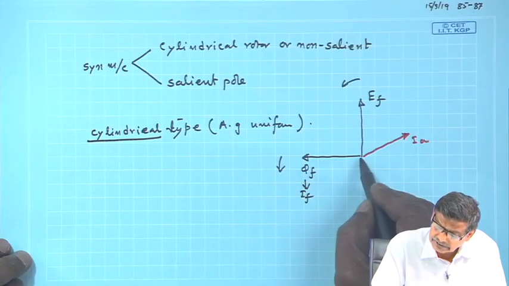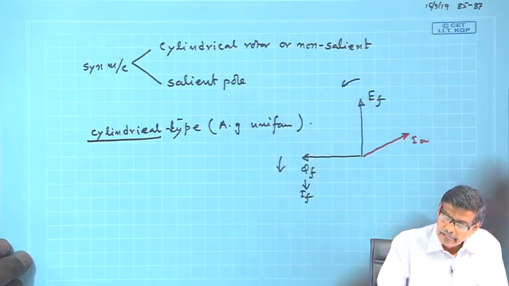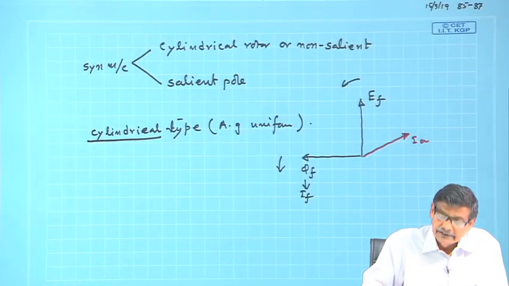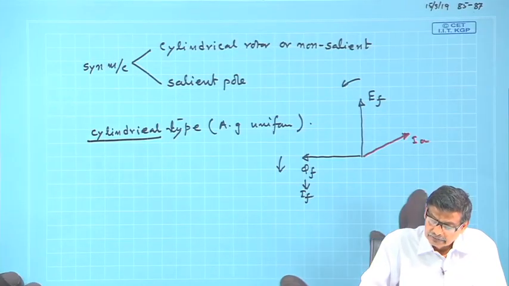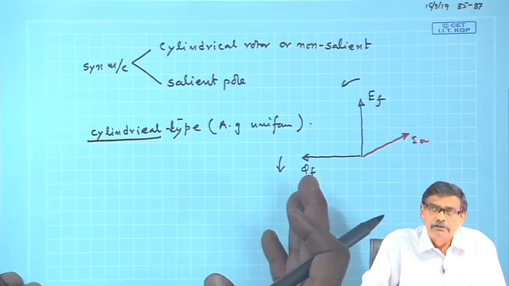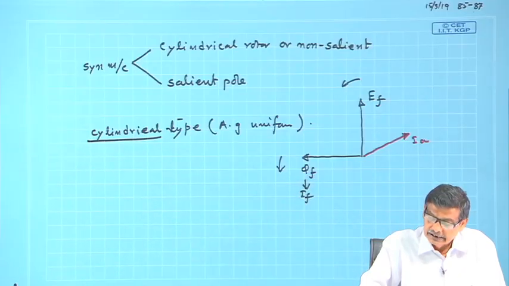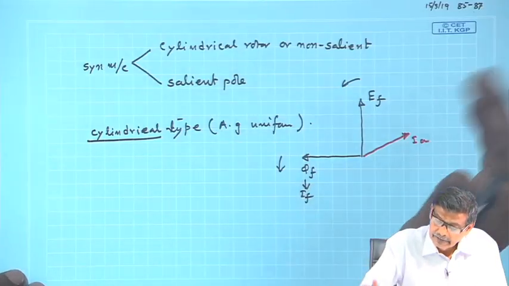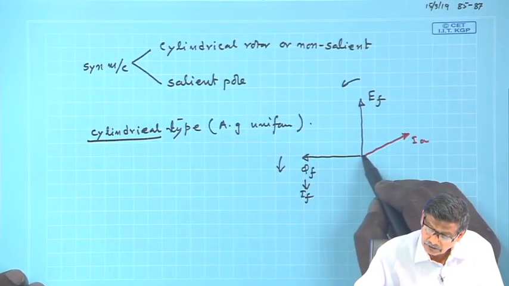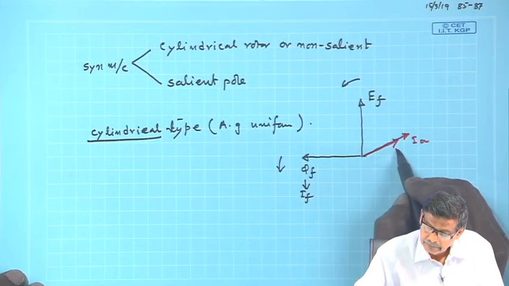Under no load condition, only phi f existed in the air gap, but when the armature carries balanced three phase current I a, armature MMF will also come along this.